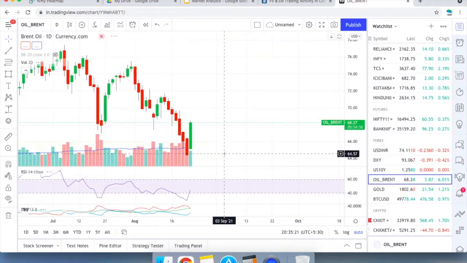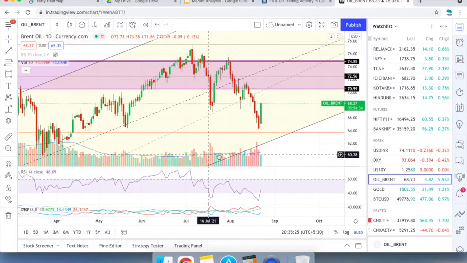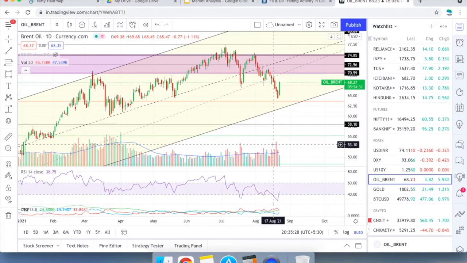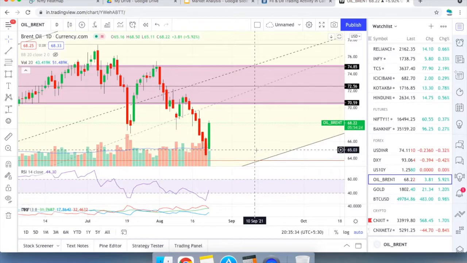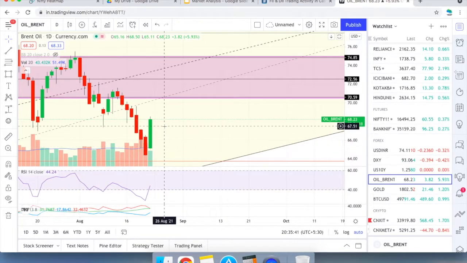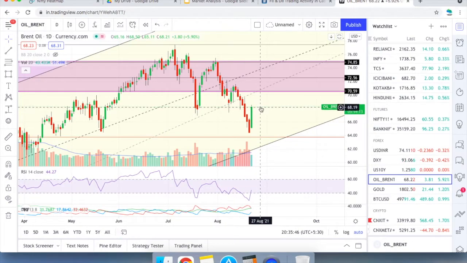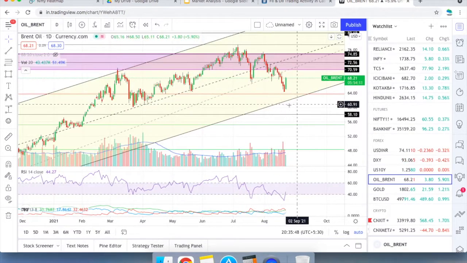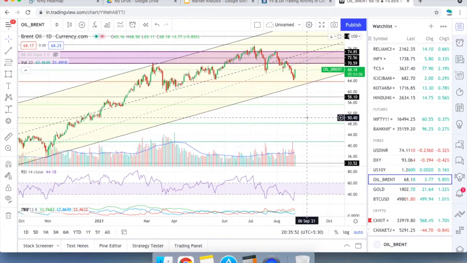Now, Brent oil had fallen to 64.4 levels last Friday, and it has recovered, and see, it has formed a very good wide range bullish candle. It almost looks like the open is the low, right? Which is a very bullish pattern. A wide range open-is-low candle pattern. So the crude may continue up, because this was a fib 23 level, I guess, right?